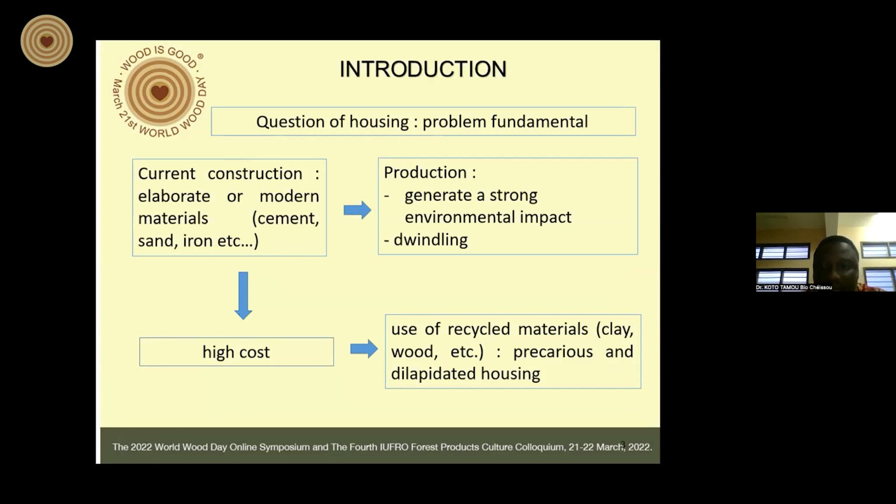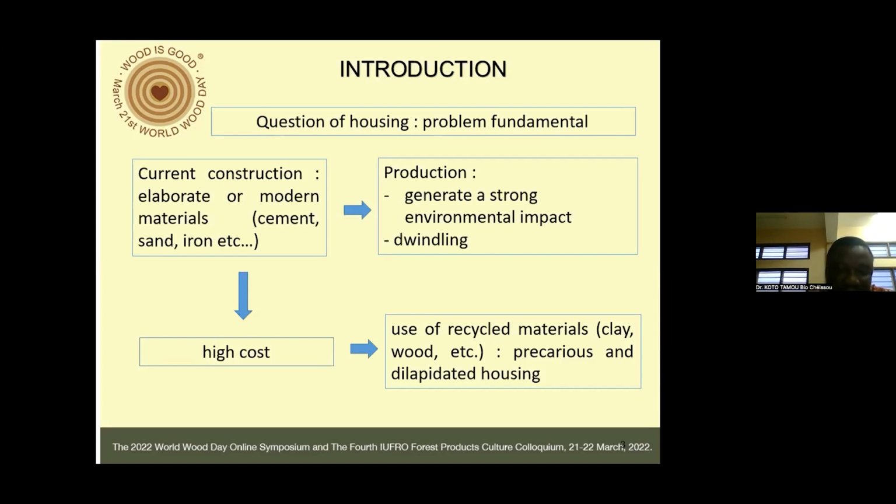However, the construction sector today is built with modern materials such as cement, sand, iron, and so on, which are expensive, and their production generates a strong environmental impact. We have, again, a scarcity of resources and a higher emission rate of greenhouse gases.